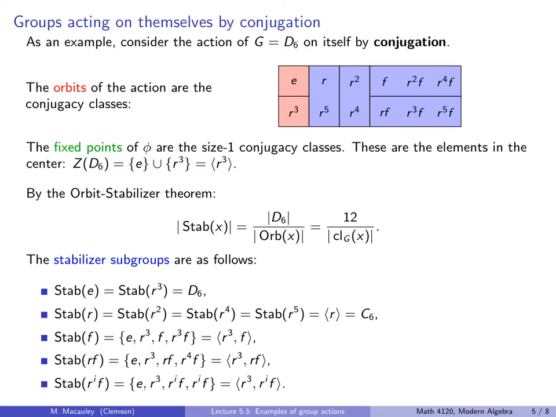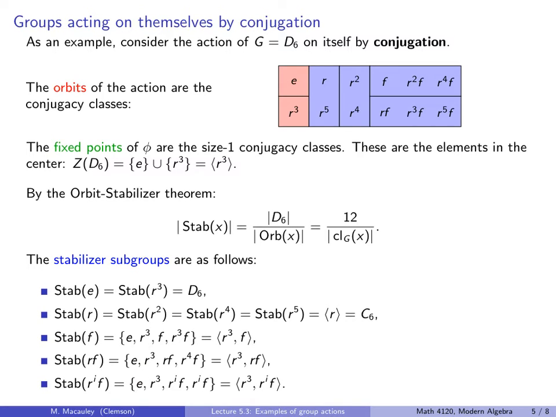Finally, let's take the pattern that we saw in this example and apply it to the remaining elements in D6. So the stabilizer of r to the i times f for any integer i equals 0 up to 5, I guess. Well, as before, this has to contain the identity.